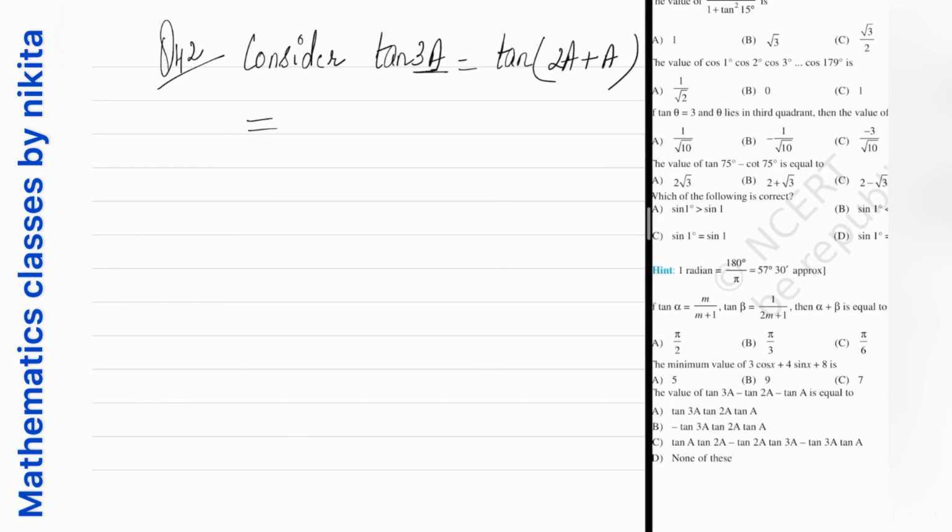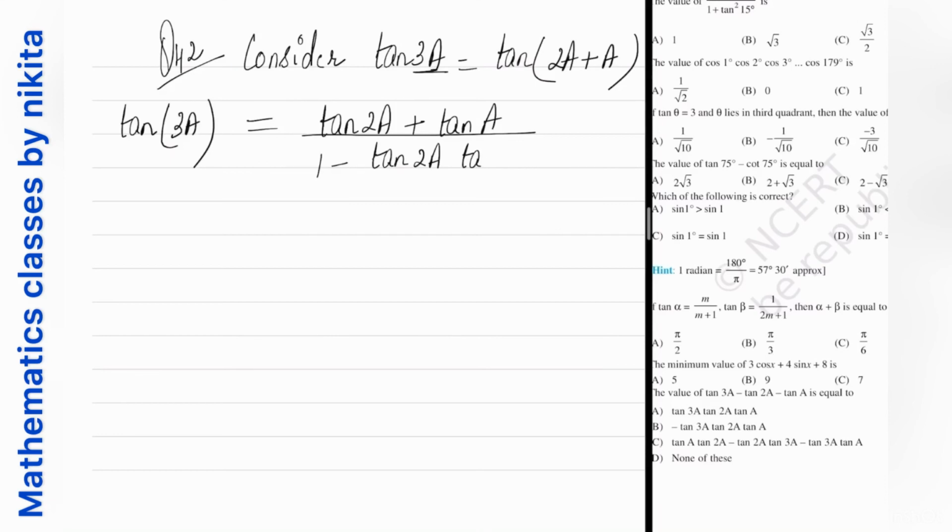Now I will apply the formula for tan of a plus b. As I have told you, tan of a plus b is tan a plus tan b divided by 1 minus tan a tan b. So this becomes tan of 2a plus tan of a divided by 1 minus tan of 2a into tan of a. Now you cross multiply.